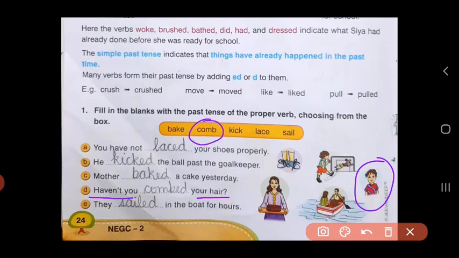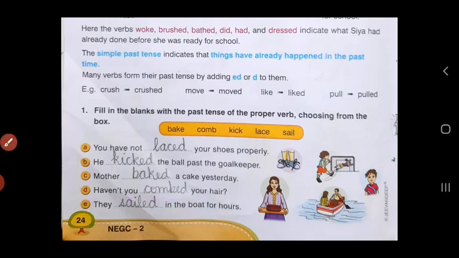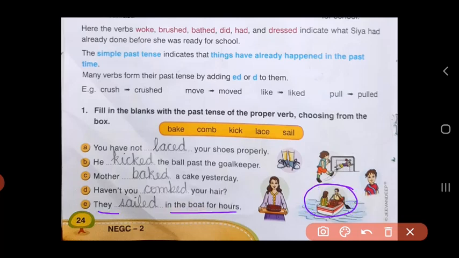Past tense will be combed with ed. Last one. They dash in the boat for hours. Verb will be sail. Past tense will be sailed. They sailed in the boat for hours.